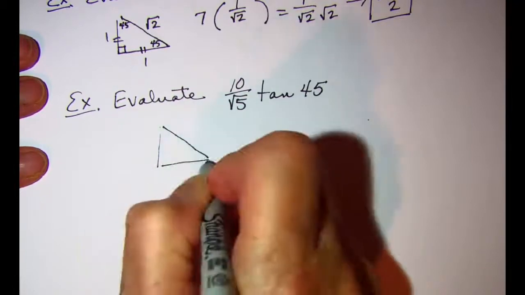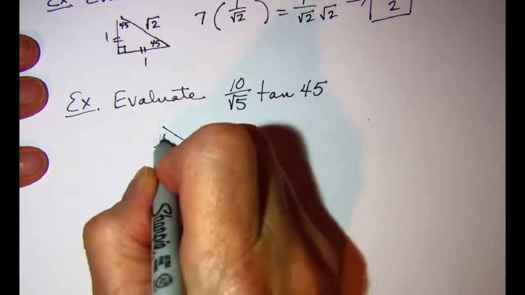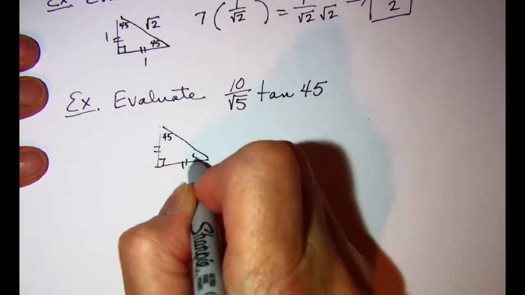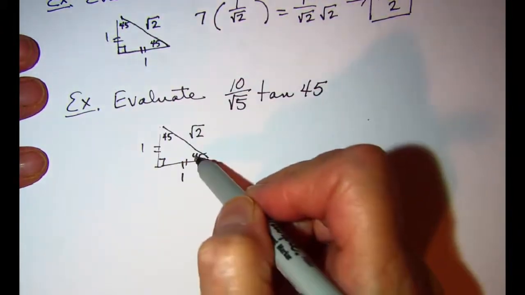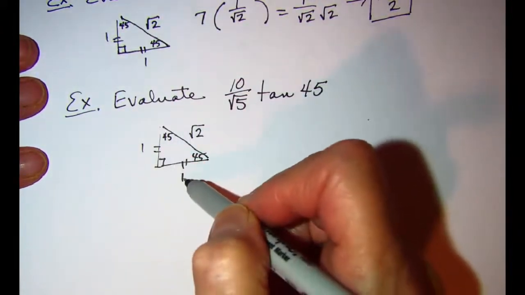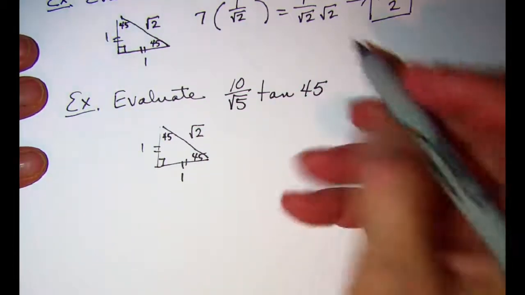Tangent of 45, and I'm going to use 1, 1, root 2, and we can see that tangent is defined as opposite over adjacent, so the tangent of 45 is just 1.